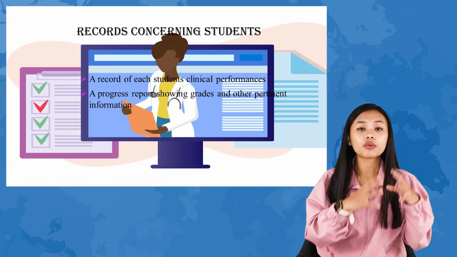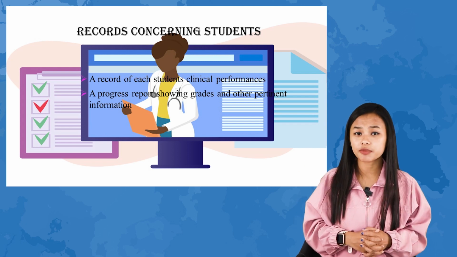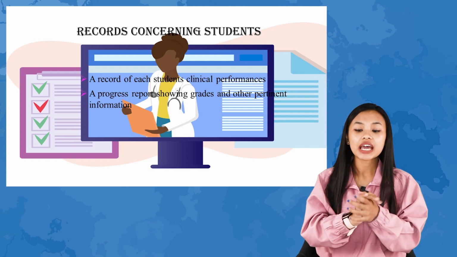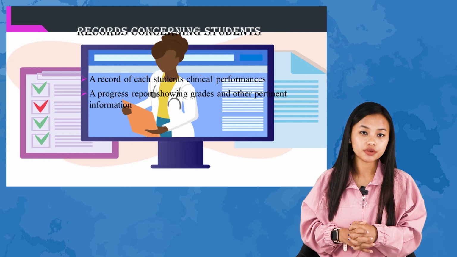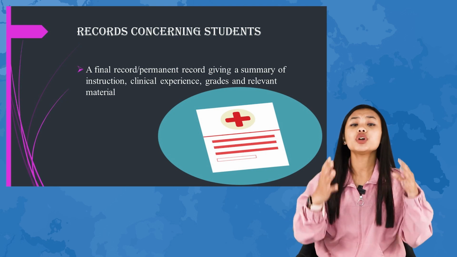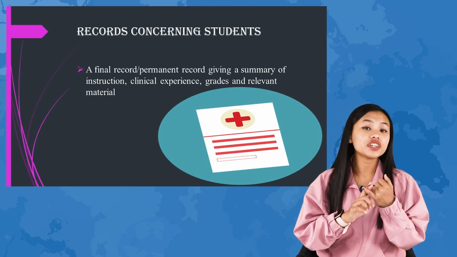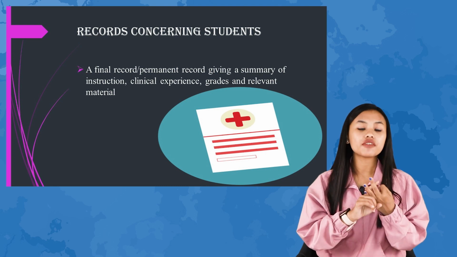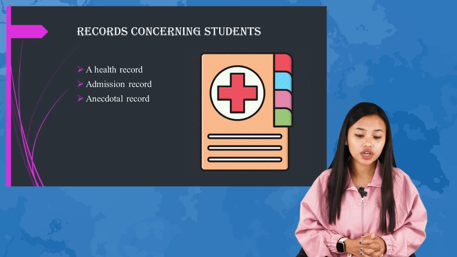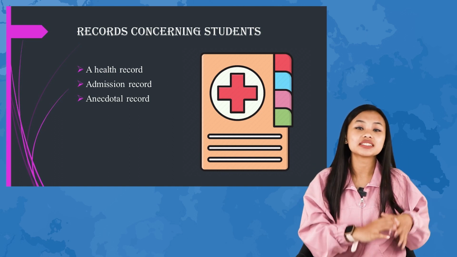Then it also includes a record of each student's clinical performance as well as a progress report which will be showing the grades and any other pertinent information. It also includes the final record, or we can say the permanent record, which will give a summary of the instruction, of the clinical experience, of the grades, as well as any other relevant material. It also provides the health record, the admission record, as well as the anecdotal record. So these are the various things that will be included in the record concerning each and every particular student.